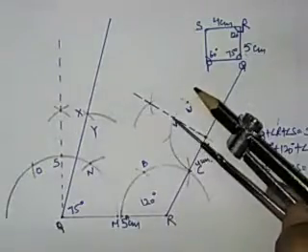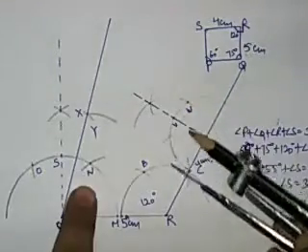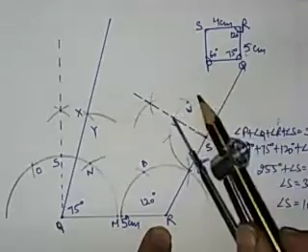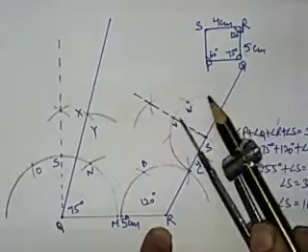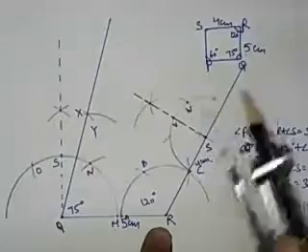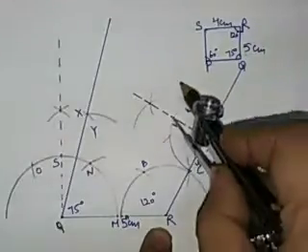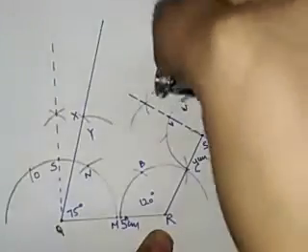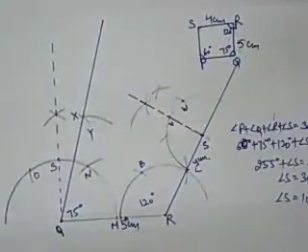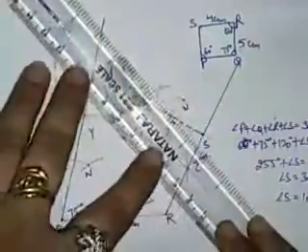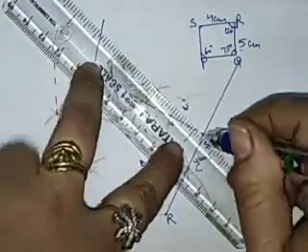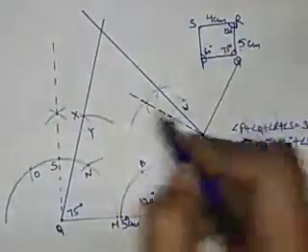Be careful, for making 75 I have to come closer to the starting ray, and if I want to make an obtuse angle, I have to go farther from the previous ray. So I have to draw 2 arcs again from the points V and W and let them intersect with the 75 degree line.